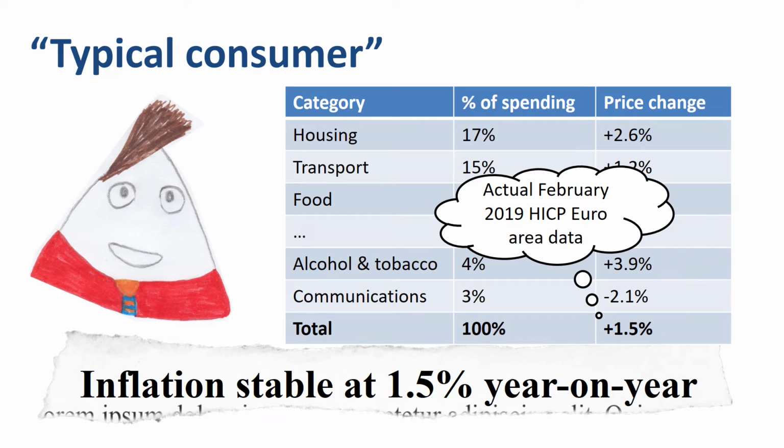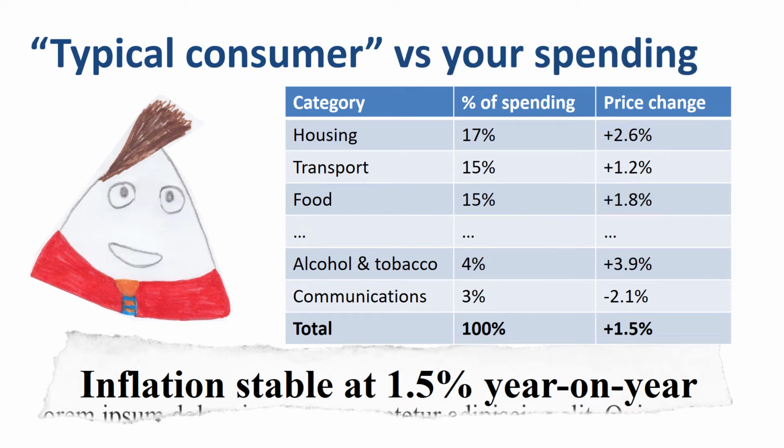The inflation number you hear about in the news might not be what you personally experience or perceive as inflation. It could vary based on your personal spending pattern. Let's say that Jim lives in an expensive location and spends 25% of his income on housing. He hasn't bought a new car in a long time and hardly even uses his current car, so his spending on transportation is just 10% of his income.